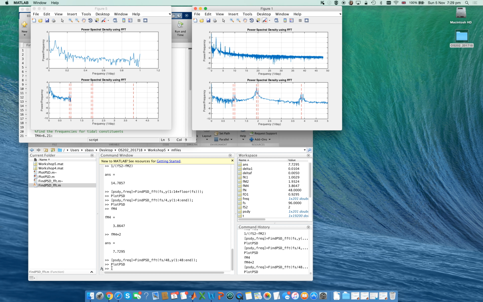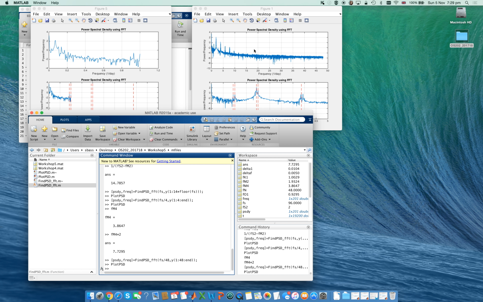So if I go to figure 1, and I go to subplot 212, and change my axes limits to from 0 to 1 here. I actually want to stop it at 1 so I can compare it with the power spectrum in figure 5.